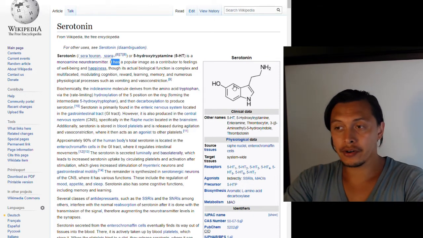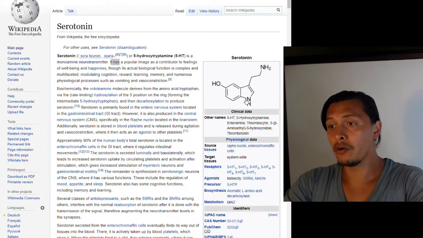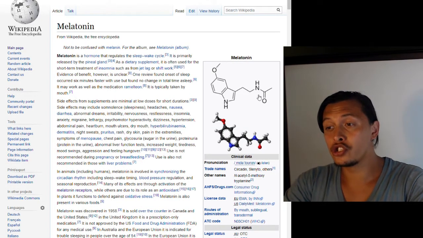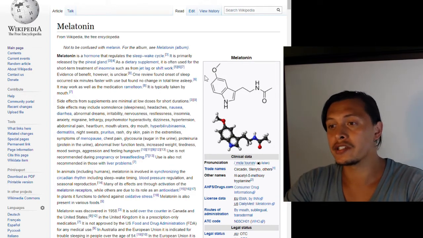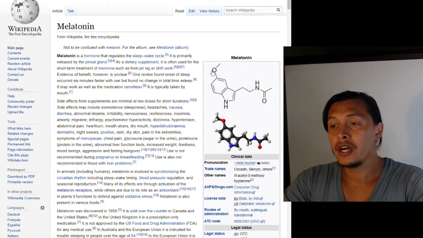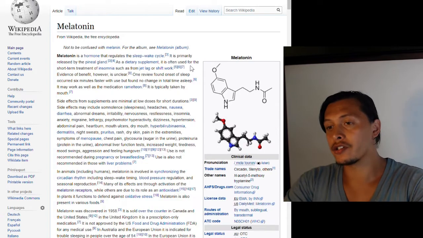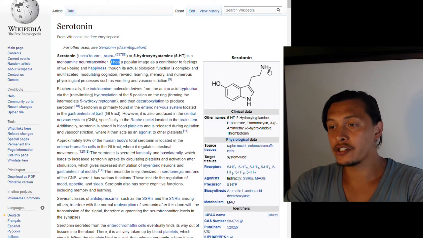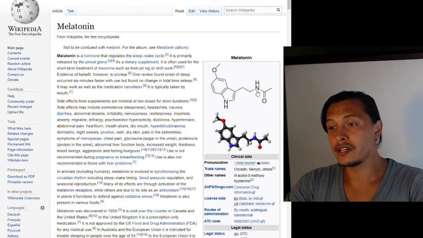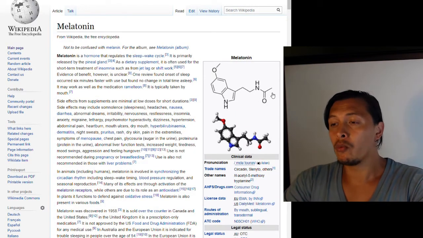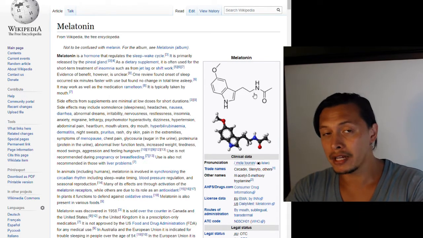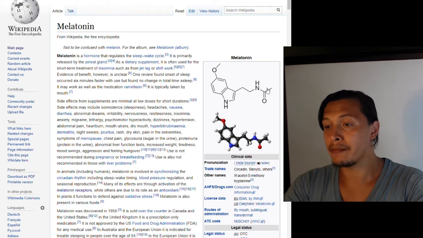Now, melatonin is similar to serotonin in that it has the same general structure, except this oxygen that was over here on serotonin is methylated, so it has an extra methyl group, and this nitrogen, rather than being just a nitrogen, is now an amide group, where it has this acetyl group covalently bonded to it. Rather than just being an amine, it is now an amide.